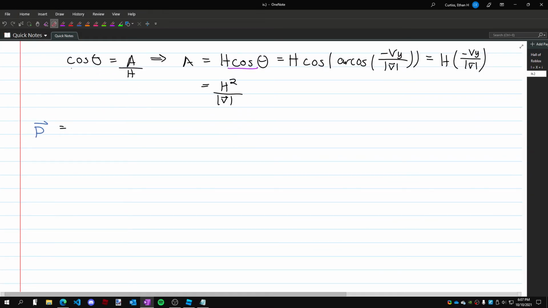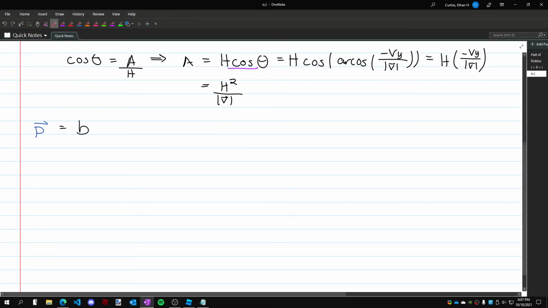So here's how this is going to look. We're going to start at B, and then we're going to move in the direction of v, but only in the direction of v. We don't want the length of v, so we're going to divide out the length of v. What we do want is the length of a here. So we're going to multiply by h squared over the magnitude of v. And we have these two magnitude of v squared on the bottom.